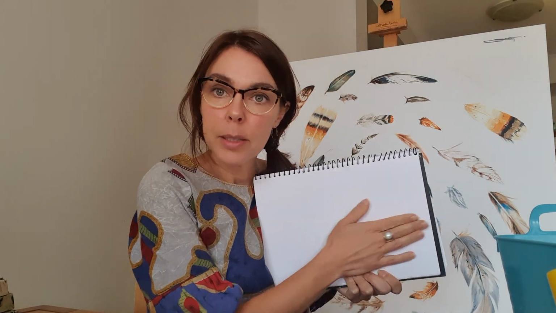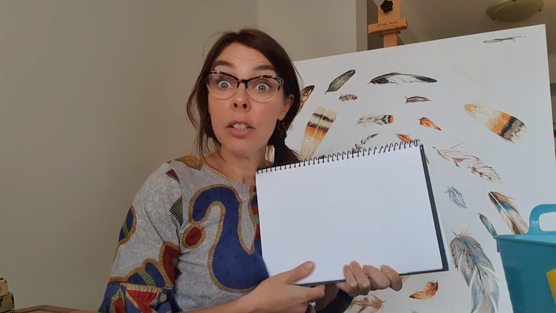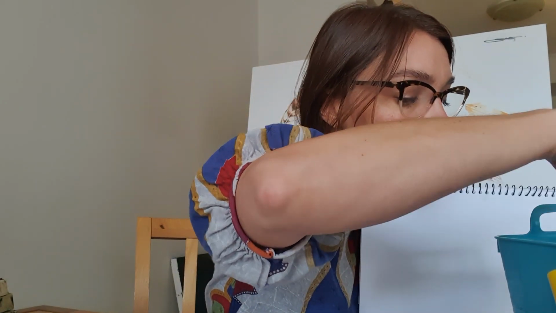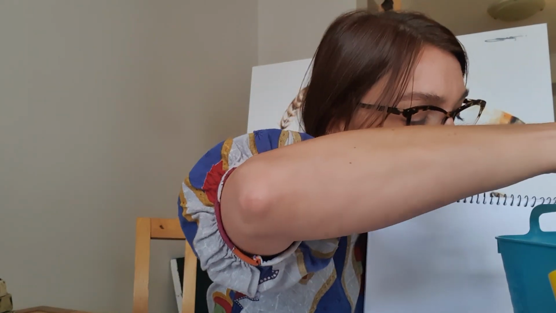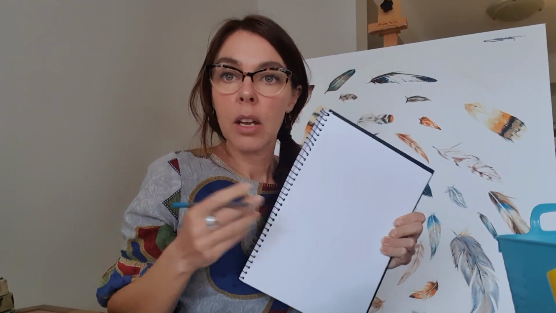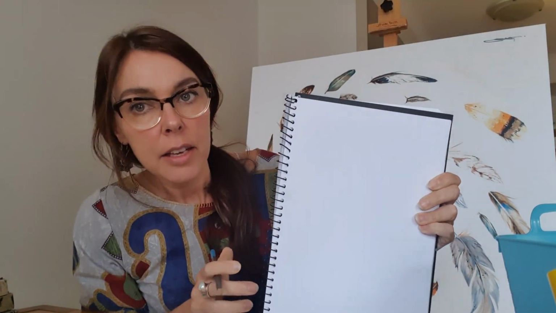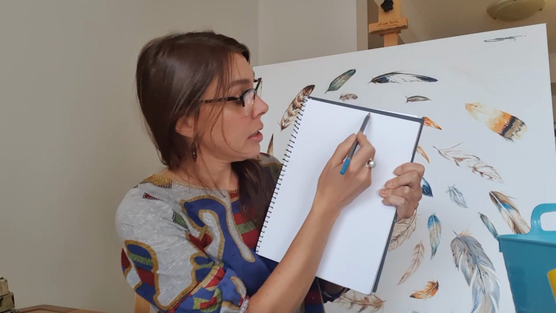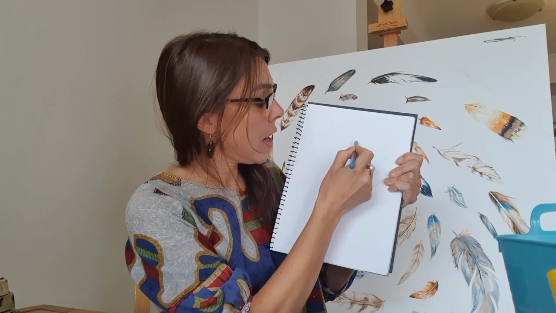Now, on this piece of paper, you will need to do this. You will need to draw on it with a pencil, grey lead pencil. You'll need to draw on it a crisscross line. So you'll need to go down very, very light.